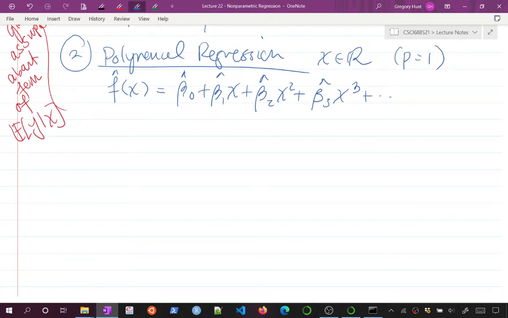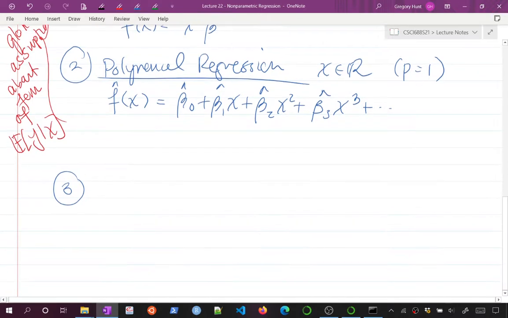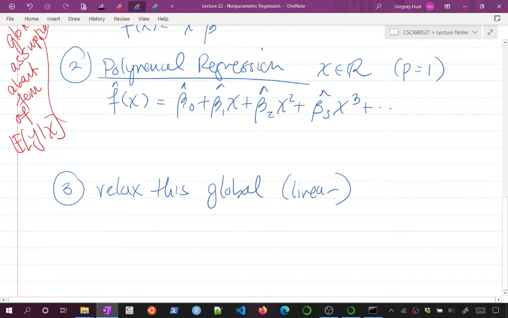Another way to do this is we could work, instead of with a global linear assumption or a global polynomial assumption relating y to x, with some more local assumption. So we could basically relax this global and indeed linear assumption.